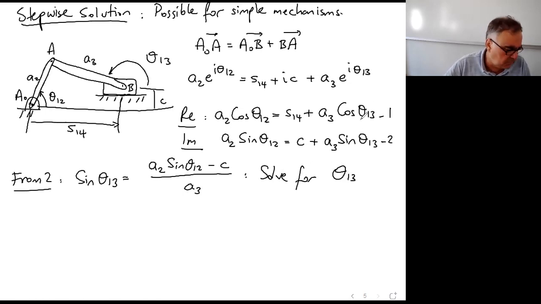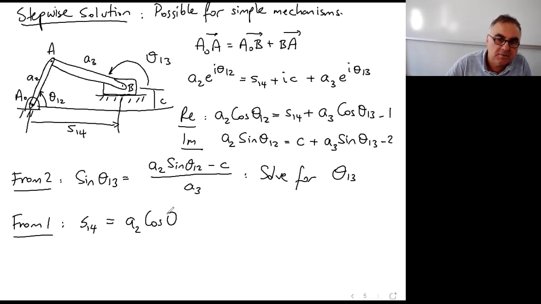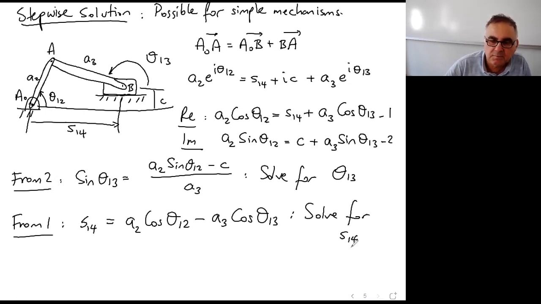And if you solve for theta 1,3, you can solve for S14 from 1 simply. Since theta 1,3 is solved now, S14 can be solved from A2 cosine theta 1,2 minus A3 cosine theta 1,3, from which you can solve for S14.